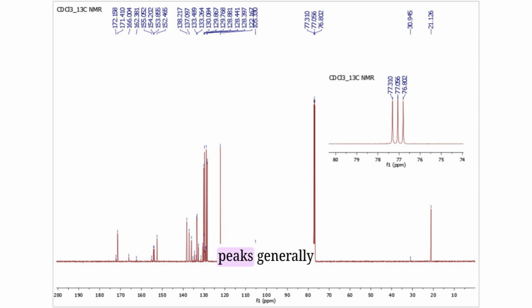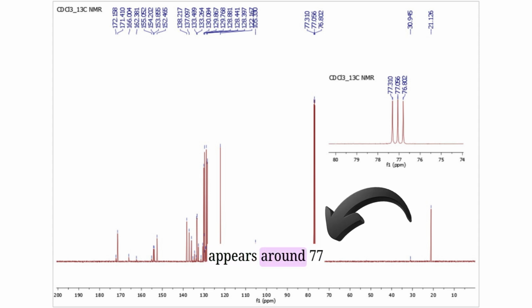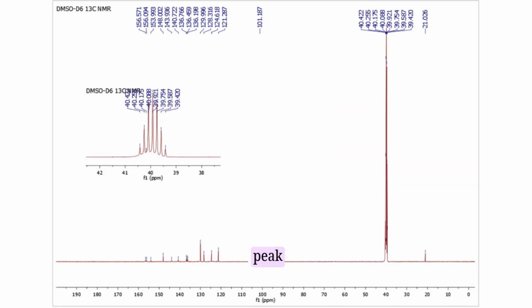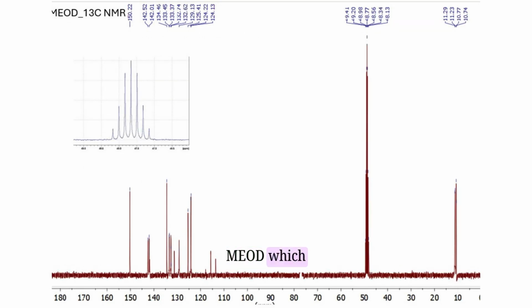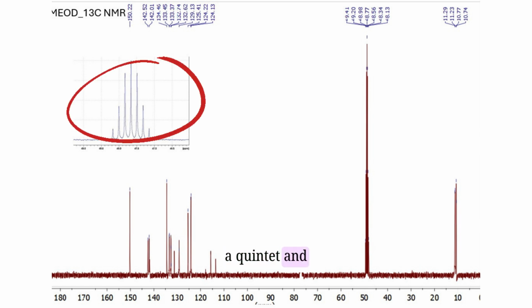The CDCl₃ peak generally appears around 77 ppm as a triplet, while the DMSO-d₆ peak appears at 40 ppm as a septet, and MeOD, which is methanol-d₄, appears at 49.5 to 49.8 ppm as a quintet.